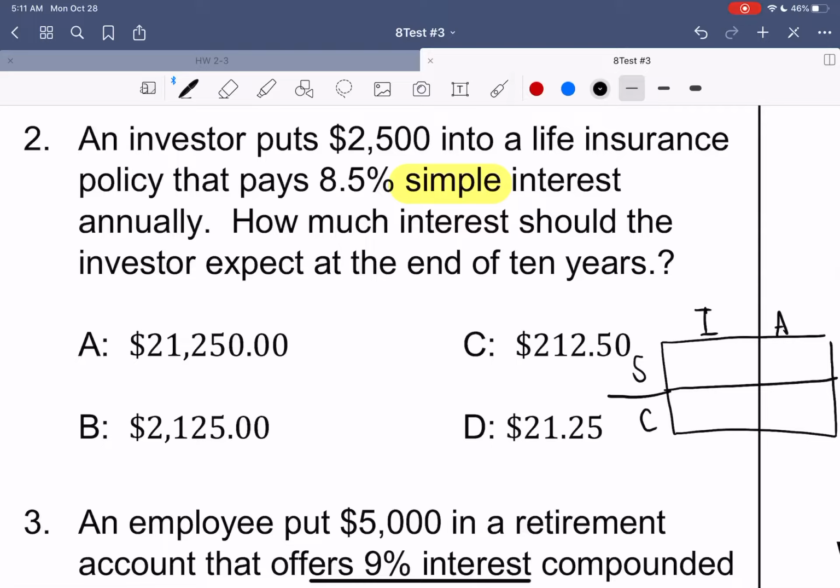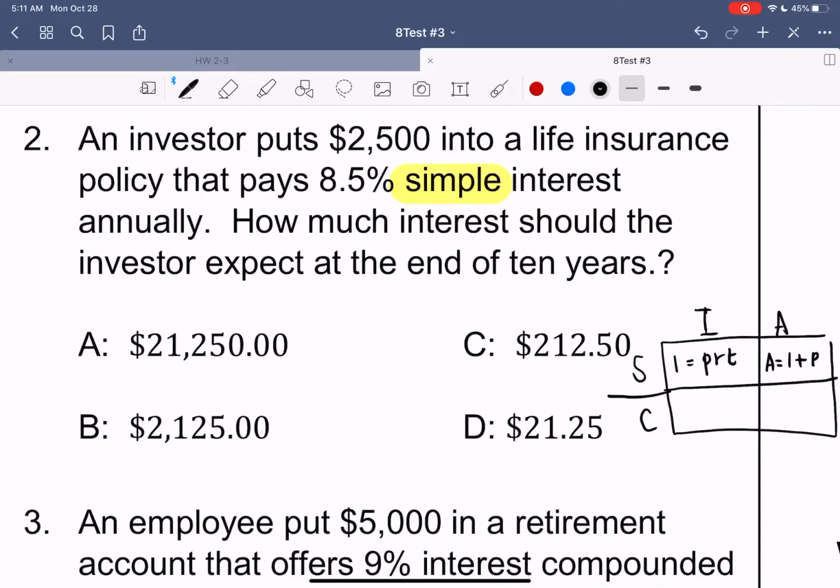So when we're looking for simple interest, we have the formula of I equals PRT. And for simple total amount, we're going to have A equals I plus P, interest plus principal.